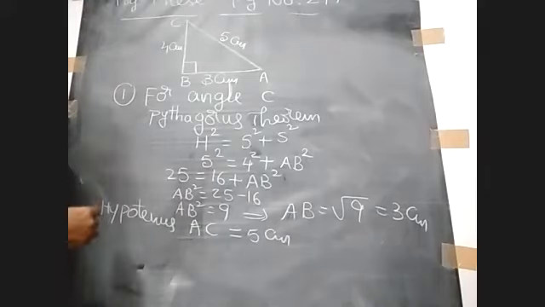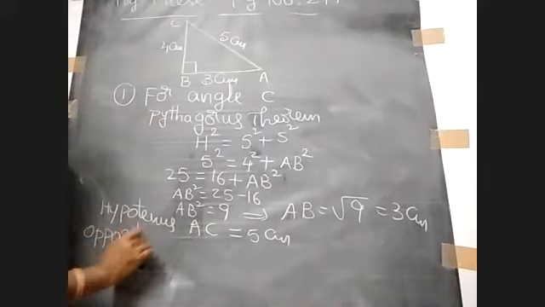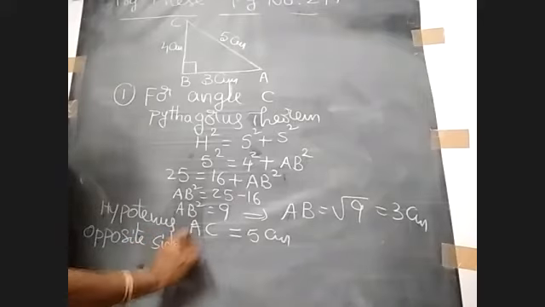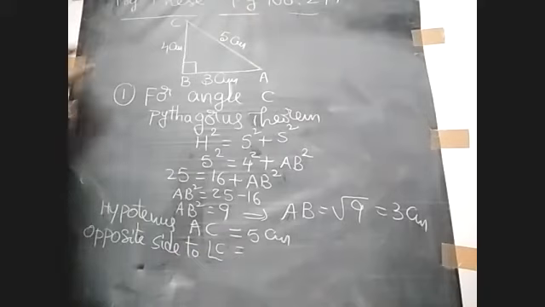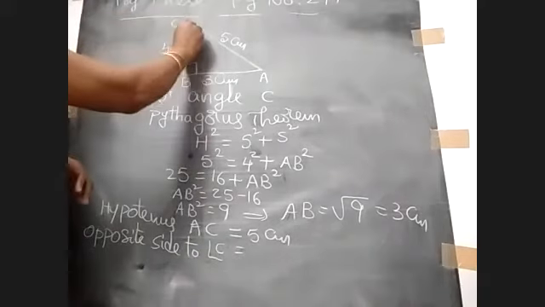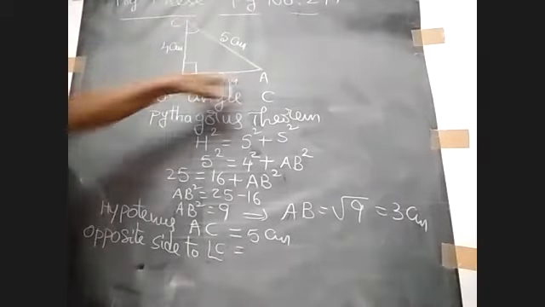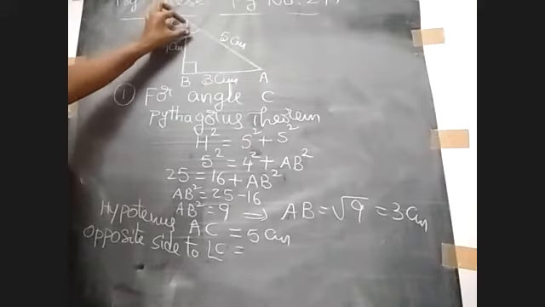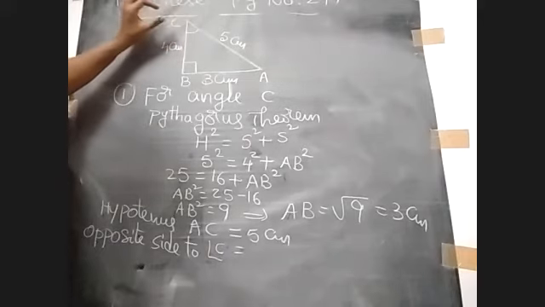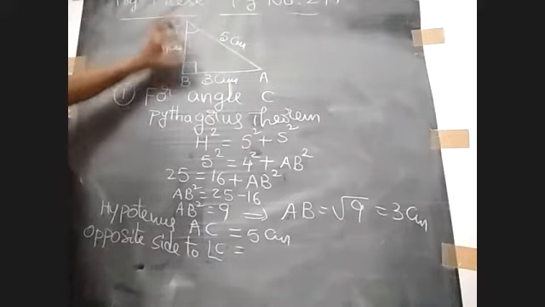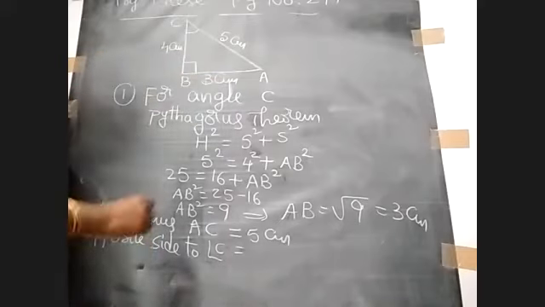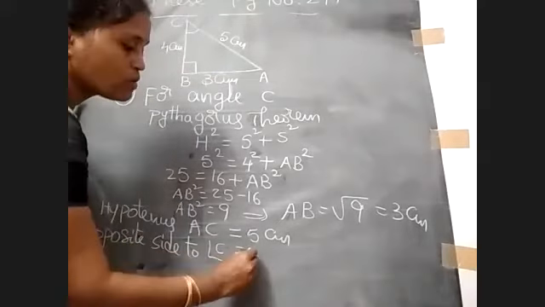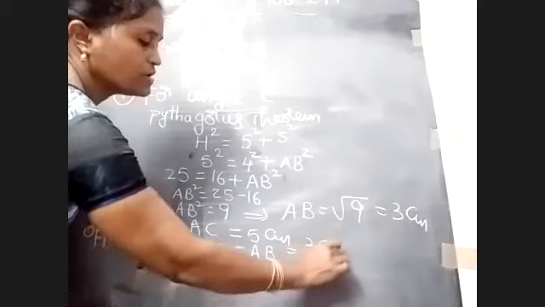Now I am writing here the opposite side to angle C. What is the opposite side to angle C? That is AB. What is the length of AB? AB is equal to 3 centimeters.